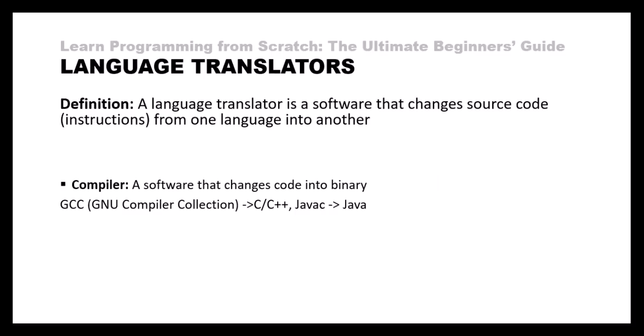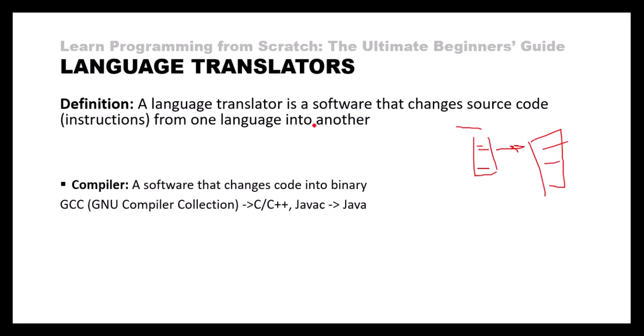It gets the source code that you write. Say you're programming in VS Code here, you write your instructions like this, and it changes these instructions into another language. Sometimes it could be binary, sometimes it could be another programming language. The software that is responsible for doing that job is called a language translator.